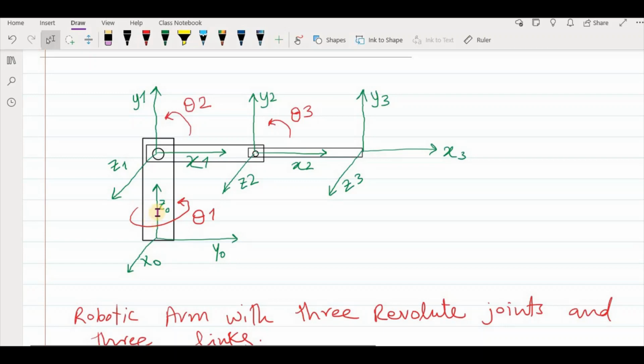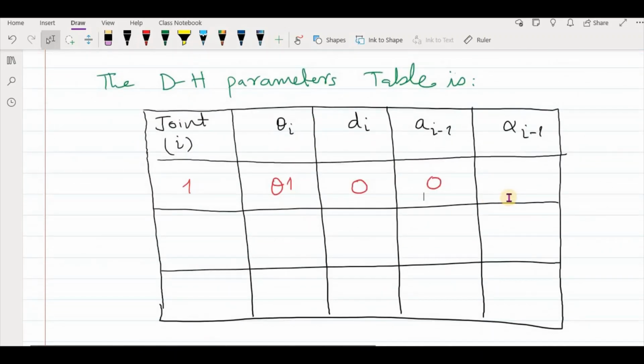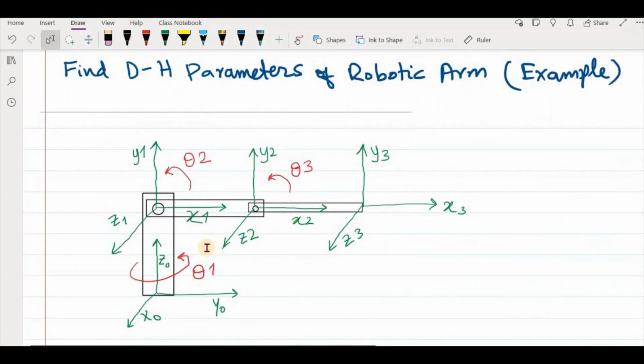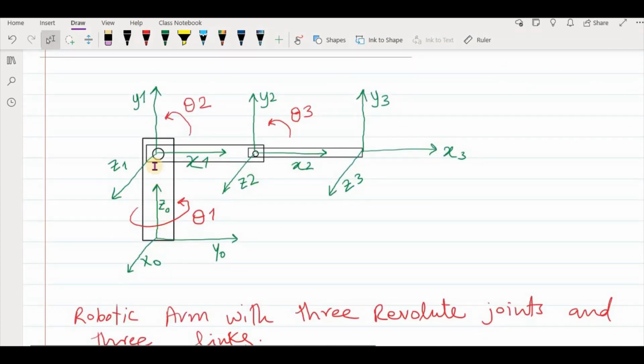As the z-axes of these two frames are perpendicular, this angle will be 90 degrees.